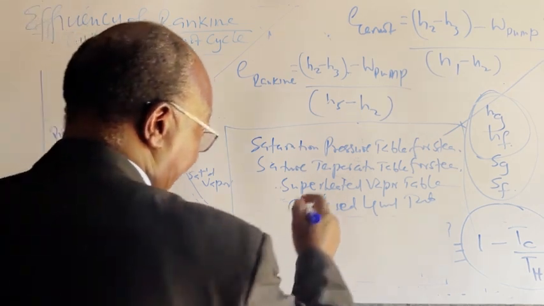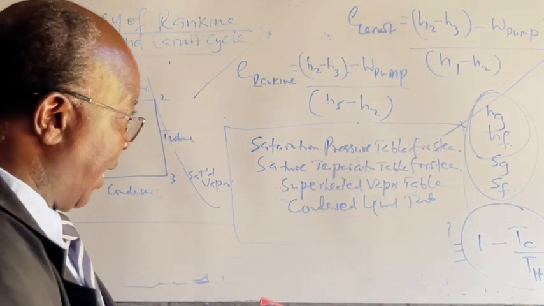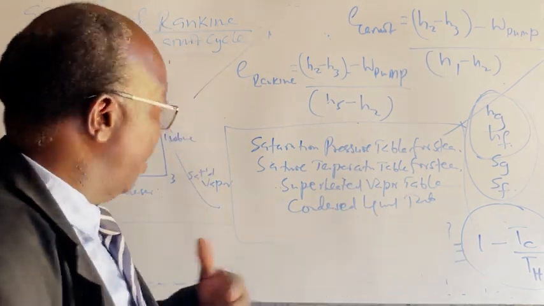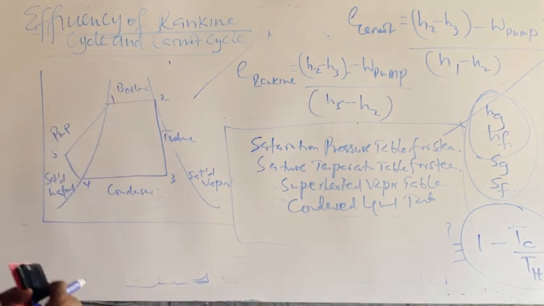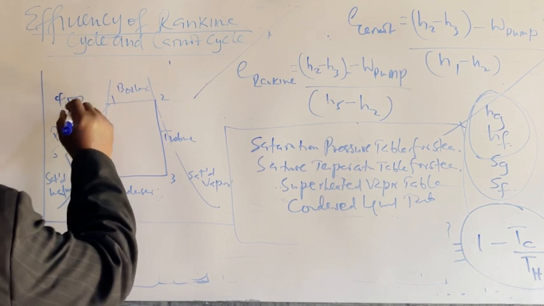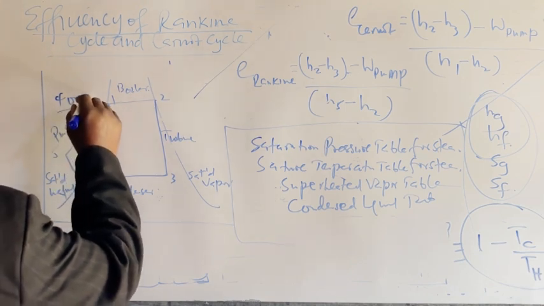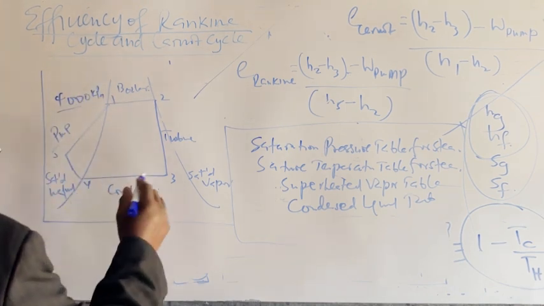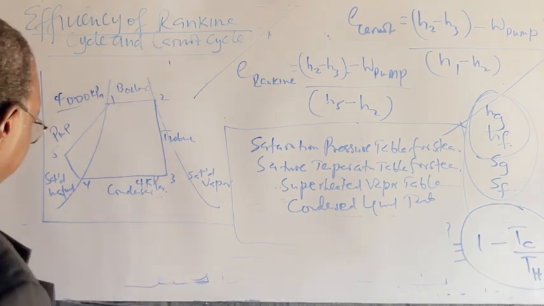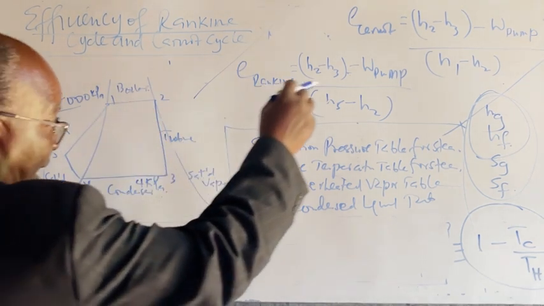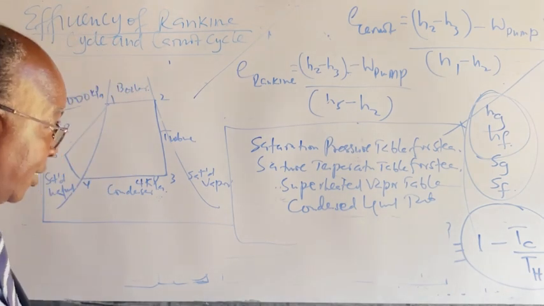So we are going to look at the pressures. You read the pressure you're talking about. For example, if this high pressure here was, let us say, 4,000 kilopascals, and this one here is at 4 kilopascals, because the pressure is normally lower for the condenser, then you look at the steam table, get the values, put them in and calculate the efficiency of the process.